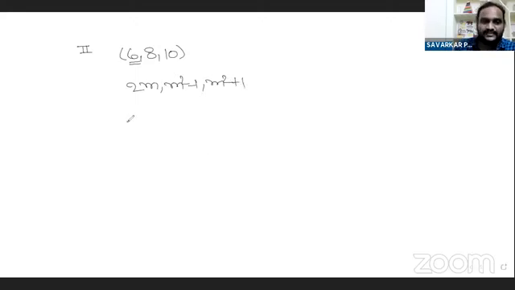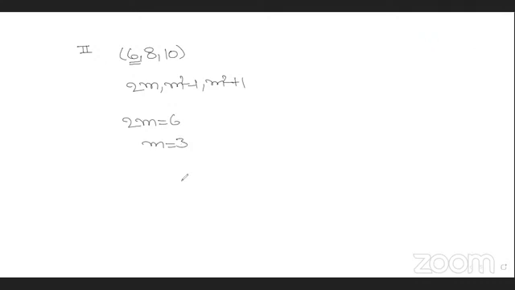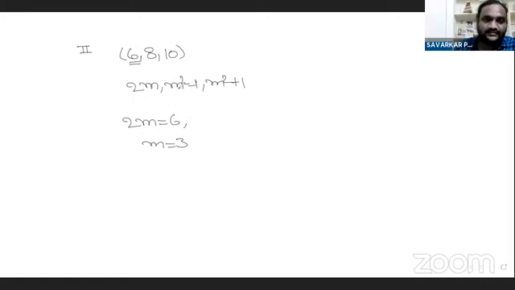What is 2m equal to 6? So m is equal to 6 by 2, which is 3. Yes, sir. Then what is m square minus 1?